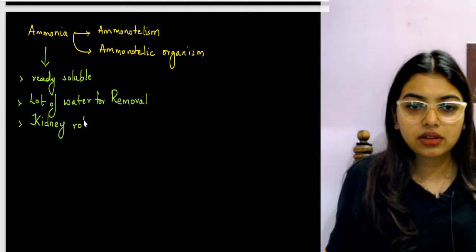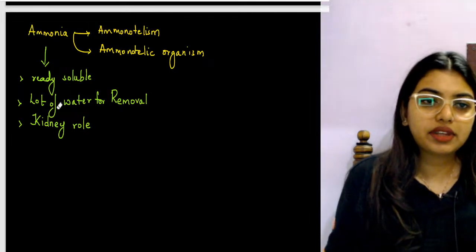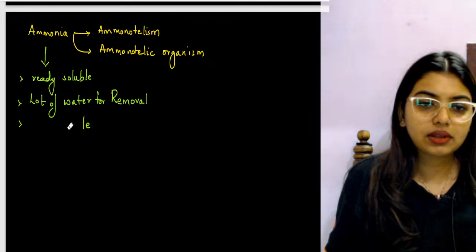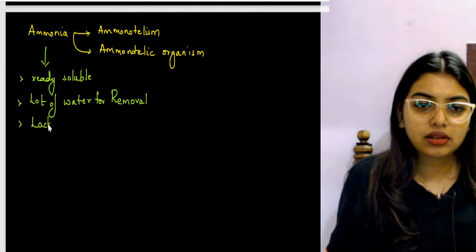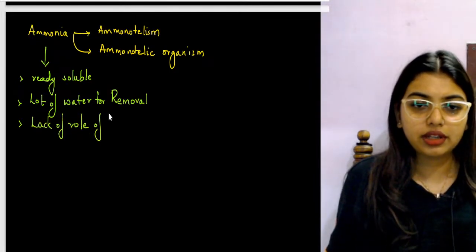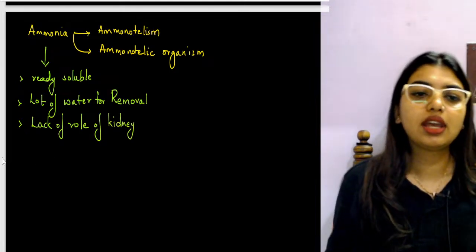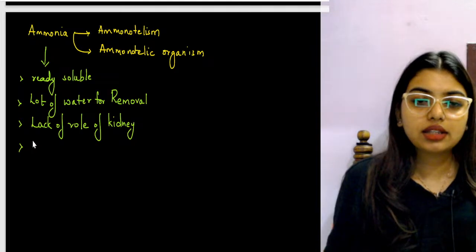Kidneys, we can tell the lack of role of kidney. That means kidney is not going to come for help. Okay, then students, what else? This requires a lot of water.